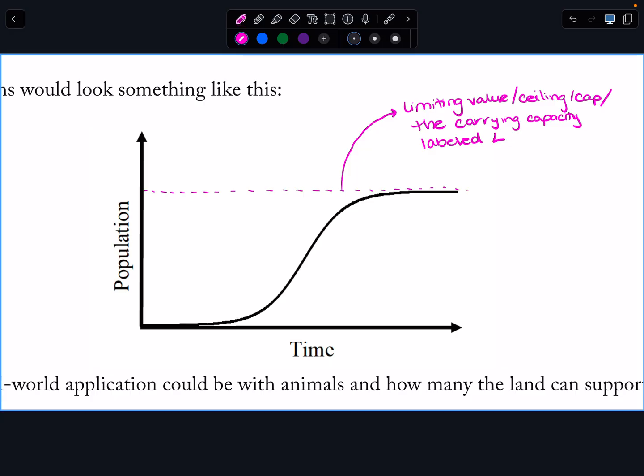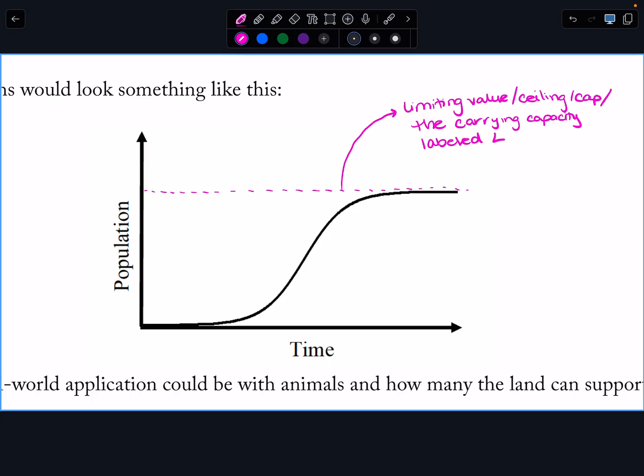And when you do this, the reason why there's like a ceiling, like this room has a ceiling in it, so I can't technically go above it and still be in this room. The reason why there's a ceiling is because it models population growth. We can't have an infinite number of animals, right?